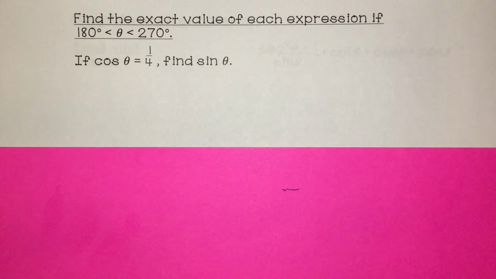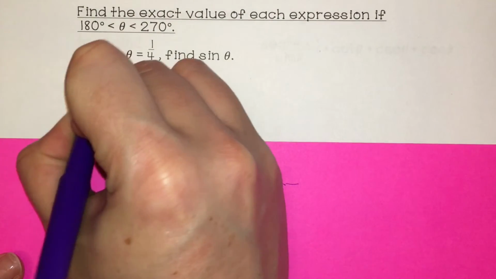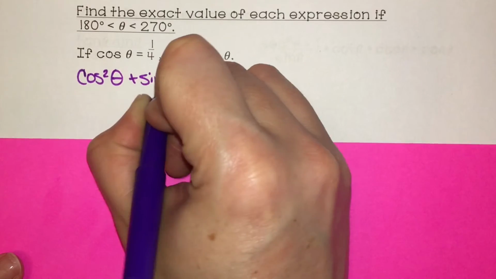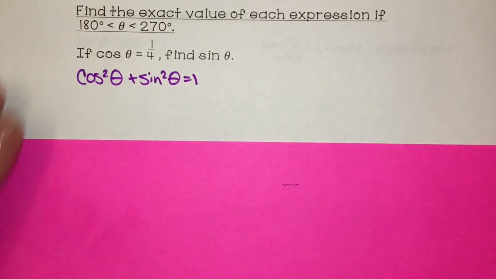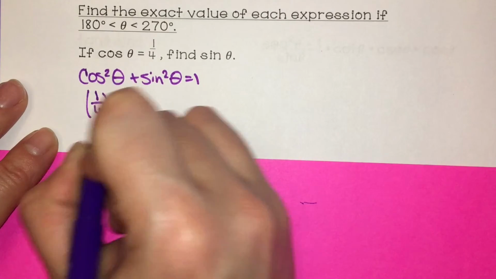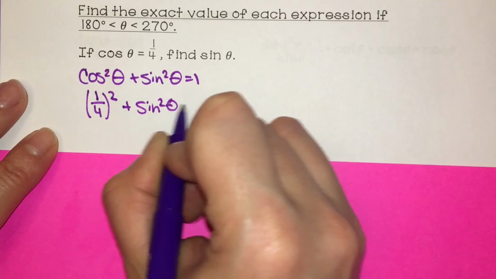So if cosine theta equals 1/4, find sine theta. All right, for this one, I'm going to say cosine squared theta plus sine squared theta equals 1. Cosine theta is 1/4, so this is 1/4 squared, don't forget about the squared, plus sine squared theta equals 1.